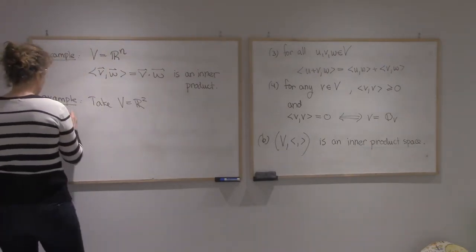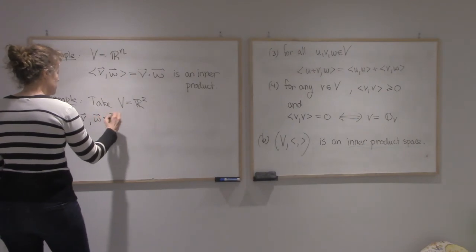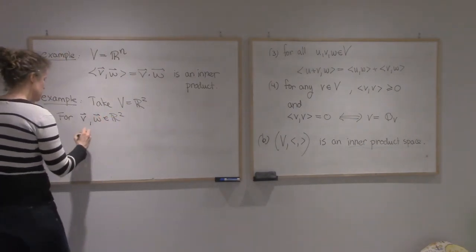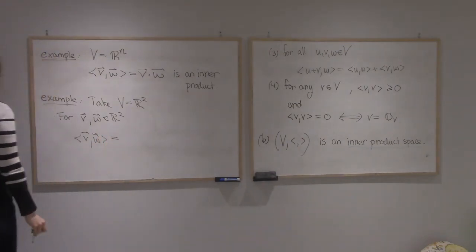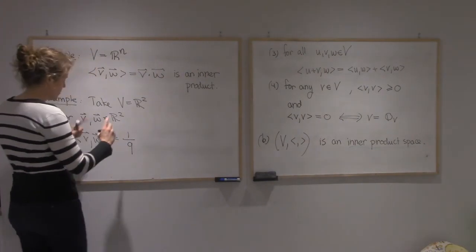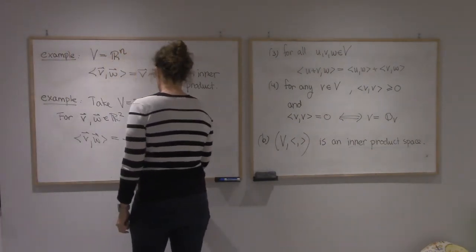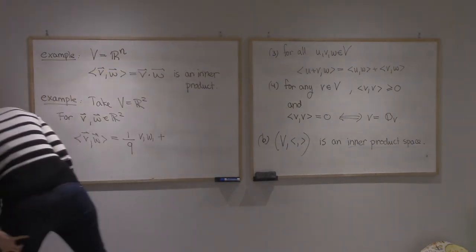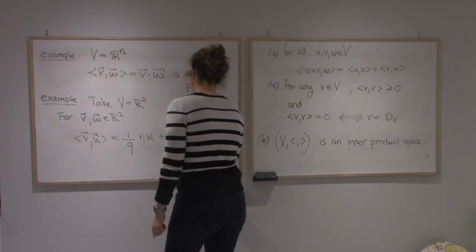So for V, W in R2, I'm going to define this to be 1/9 of the first component multiplied, V1 W1, plus 1/4 V2 W2.